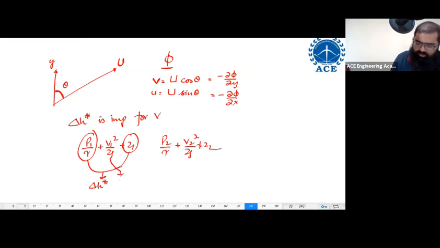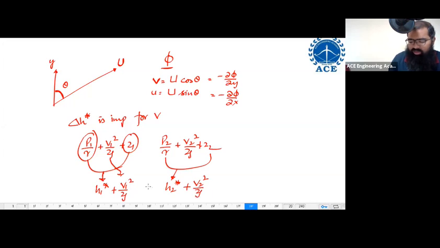So I have H1 star plus V1 squared by 2g. P2 by gamma and Z2, both combined, will give you H2 star. So you have H2 star plus V2 squared by 2g. Now what is delta H star? Delta H star is H1 star minus H2 star.